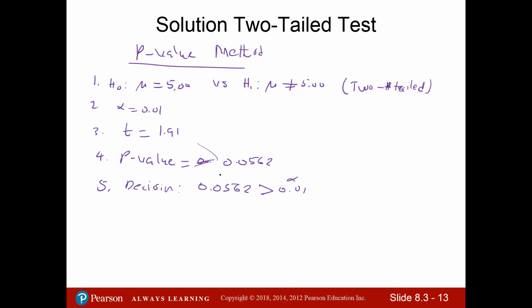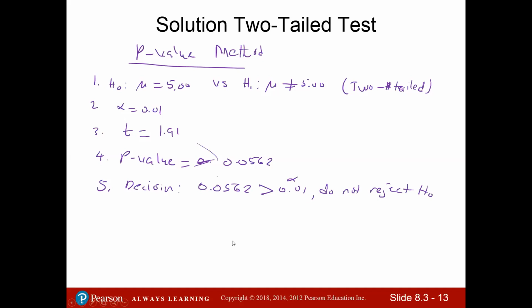This is my alpha, that's my p-value. We do not reject H0, meaning that we don't have sufficient evidence to warrant the rejection of the null hypothesis or your claim.